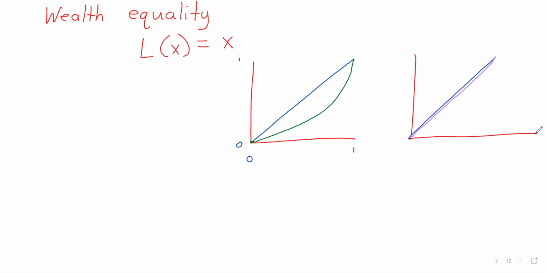On the right, the Lorenz curve comes closer to the equality curve than the one on the left. On the left, the Lorenz curve is far away from the equality curve. And if we're talking about curves being close or far away, there's a very natural way to measure that. If those curves are close together, the area between them is small.